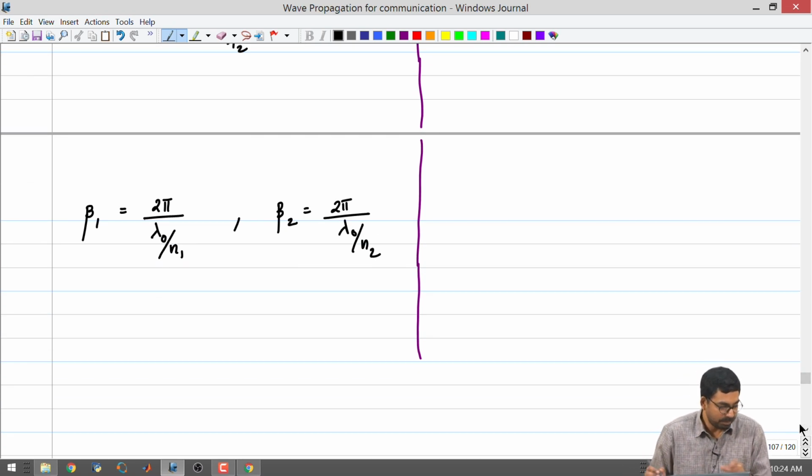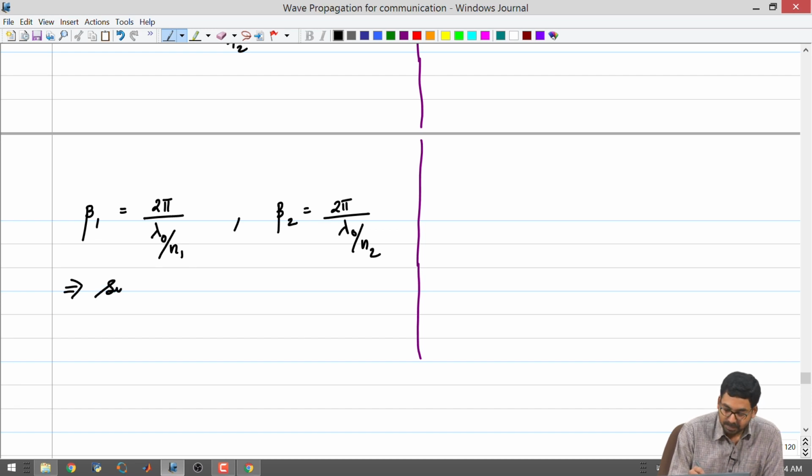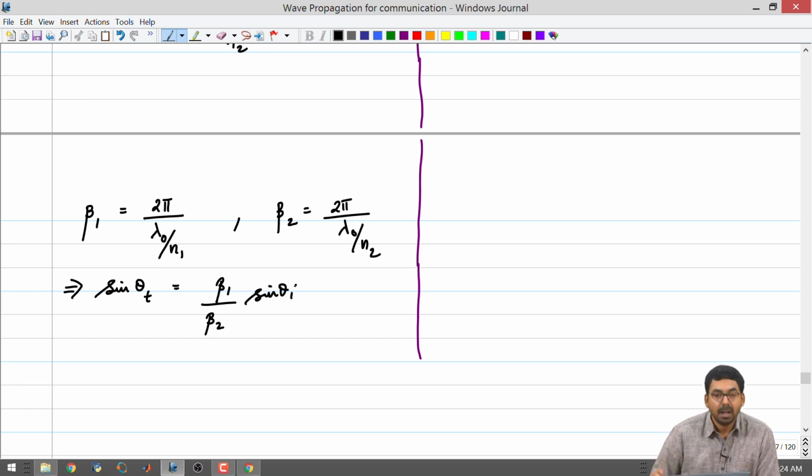So, this means that in Snell's law, sin theta t becomes beta 1 by beta 2 sin theta I, all right. This is another way of writing Snell's law. Since we are dealing with a particular angle over here, I will just mark this as B.